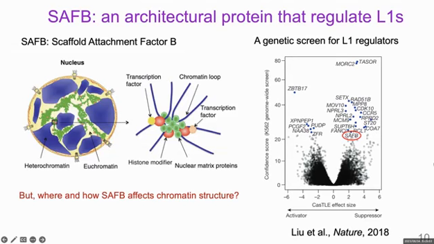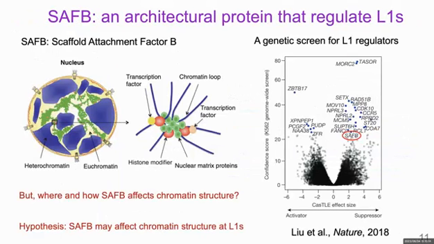Previously, we identified SAFB as one gene that can repress Line 1 expression through a genetic screen. So this result made us speculate that SAFB may affect chromatin structure through interacting with Line 1 elements.